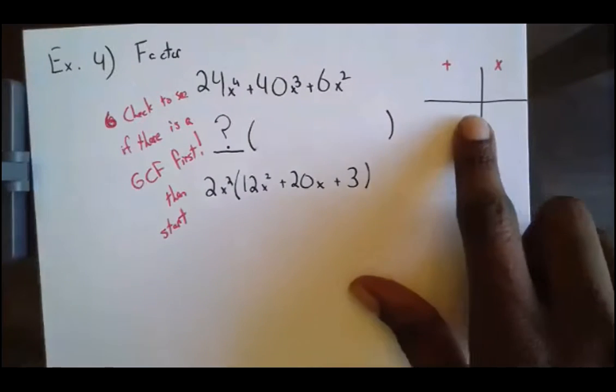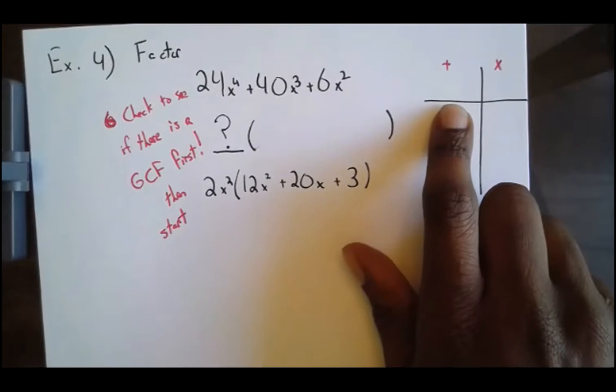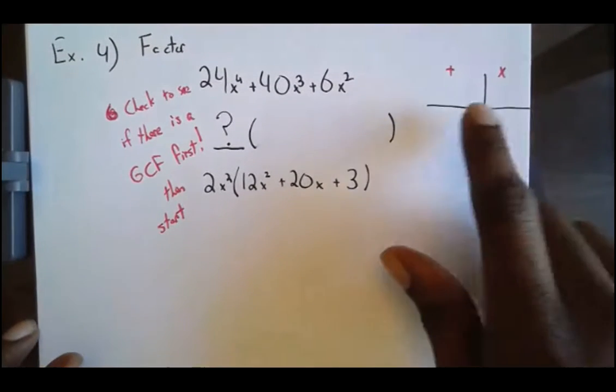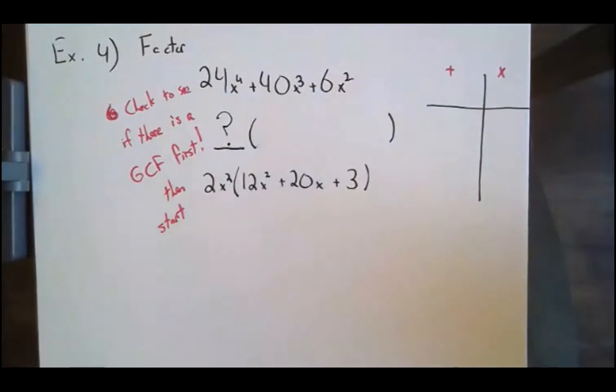All right, let's do this step at a time. In the chat, tell me what's going to go underneath the plus sign. I got 3 answers that are all correct.